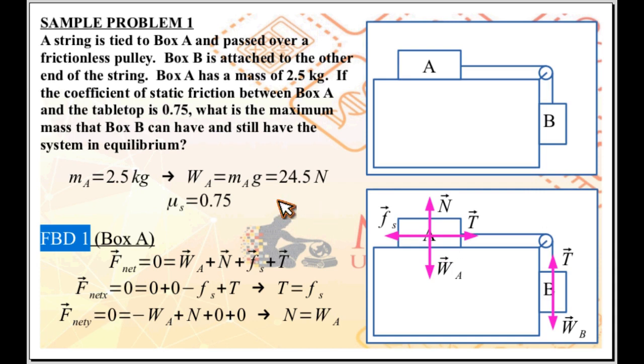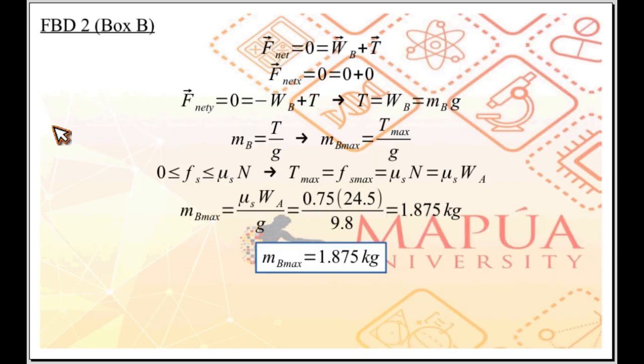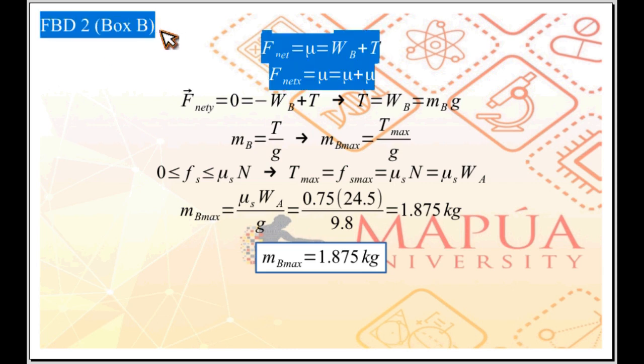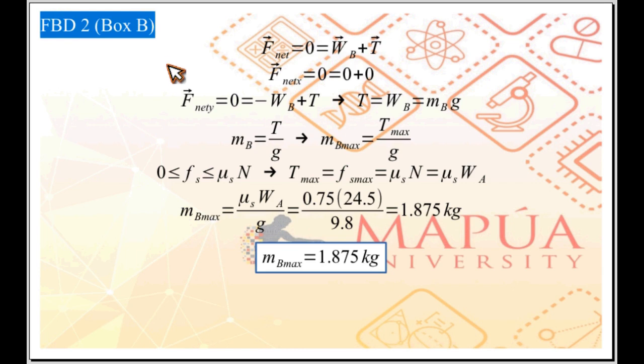Going now to the next free body diagram. Free body diagram on box B, FBD2. So we do the same thing. F net is equal to 0. The system is in equilibrium, in particular, static equilibrium. On box B, the only forces are weight and tension.